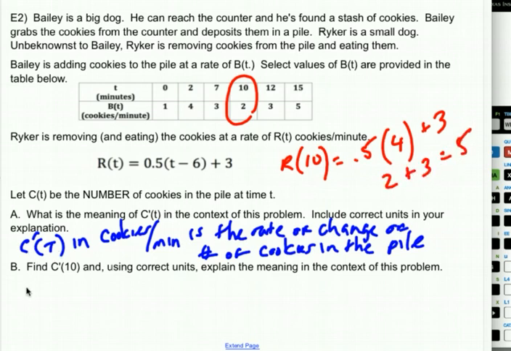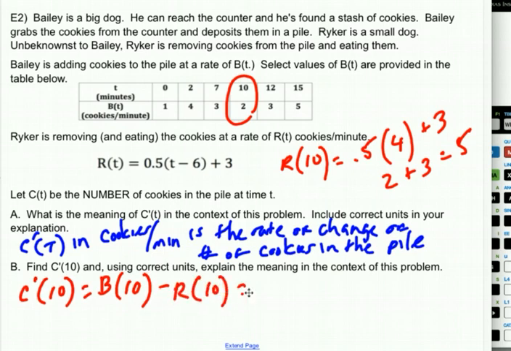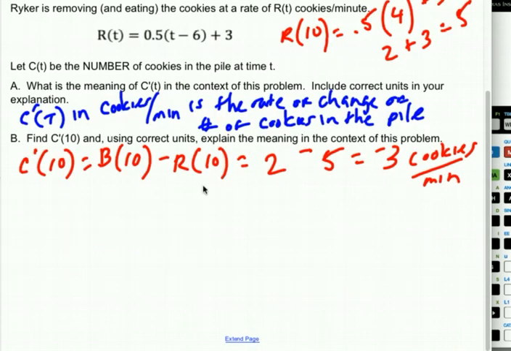So C prime of 10 is going to be B of 10 minus R of 10, which is going to be a 2 from the table, minus a 5, which I just figured out, which is negative 3 cookies per minute.